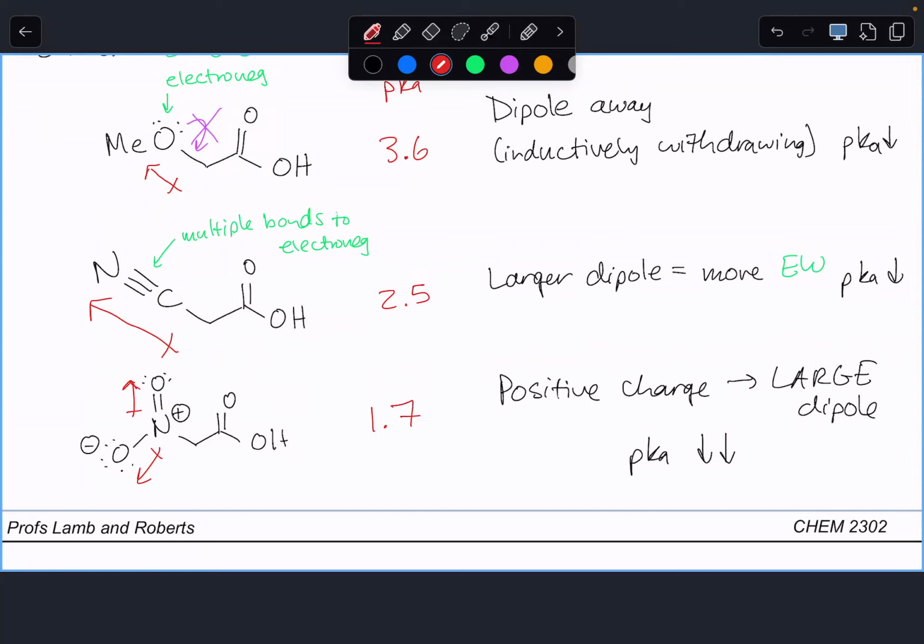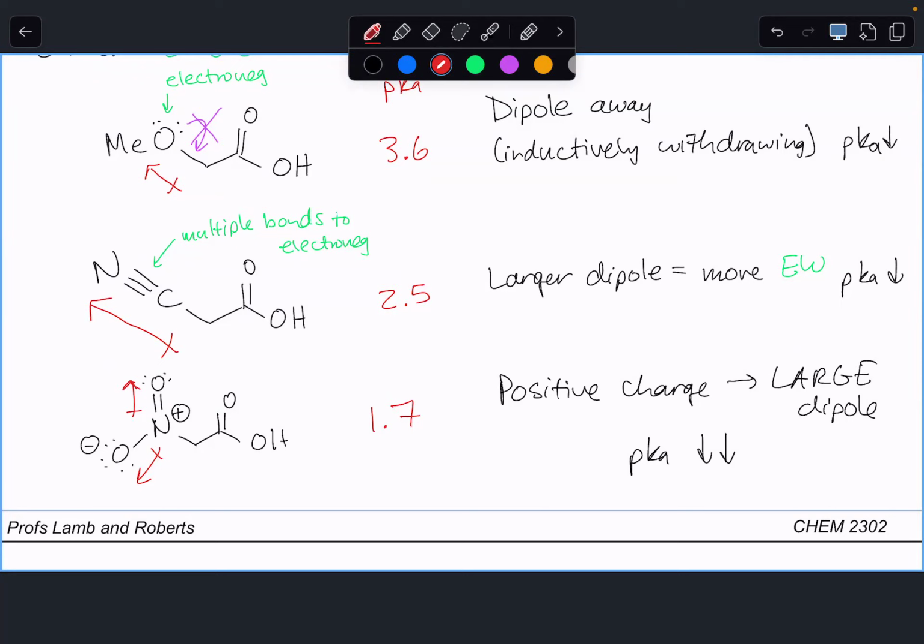Okay, so this is kind of how we can understand how electron withdrawing something is. How large is that dipole pulling away from that acidic proton? Okay. All right. So that's sort of like the first rule, I guess, when thinking about substituent effects, right?